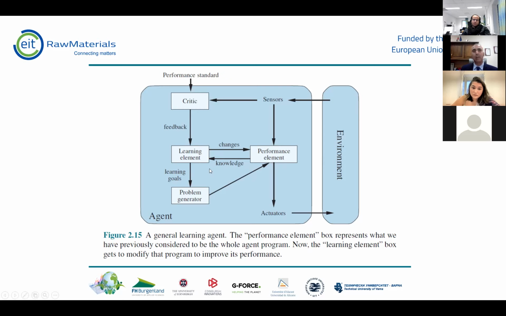How is it doing that? Through a problem generator that is a generator of situations, a generator of data that help train the modules inside the performance element so that they can implement new functions.